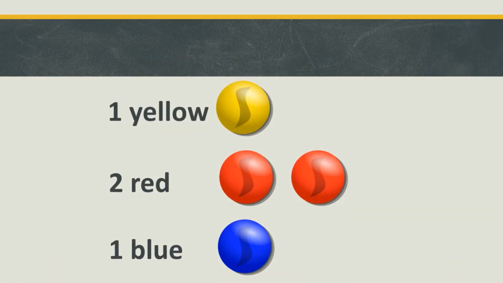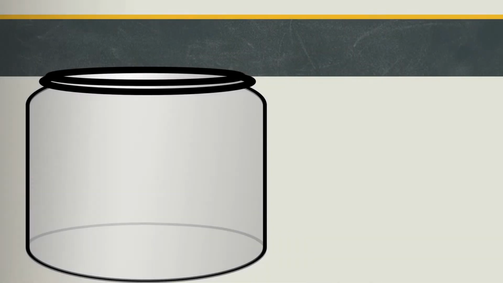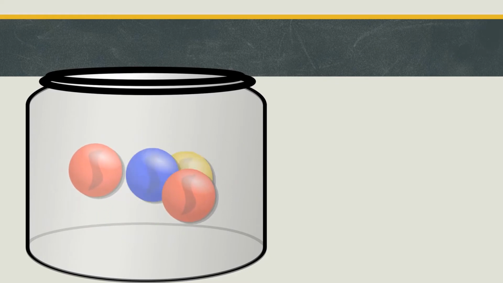I give you another example. Suppose that I have 4 marbles here: 1 yellow, 2 red, and 1 blue. What is the probability of picking yellow?